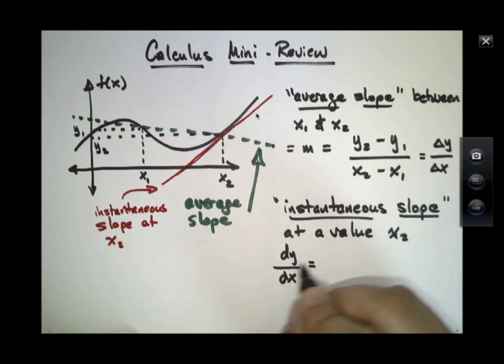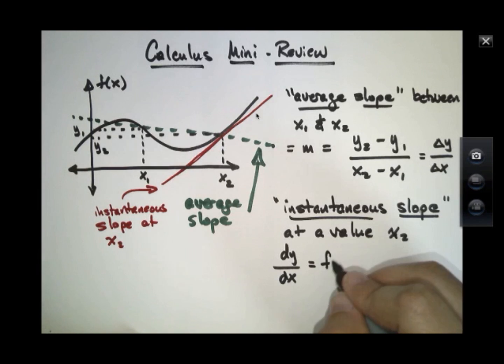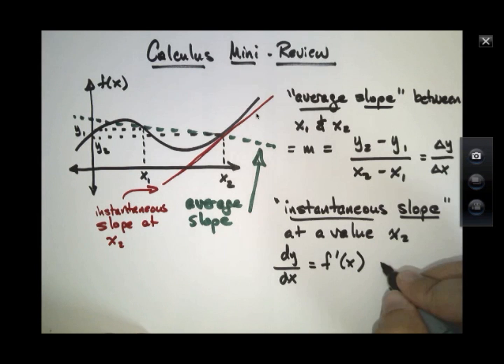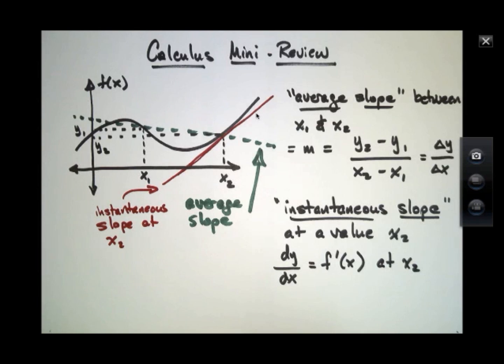You might sometimes see the ratio dy/dx written as the derivative of the function f of x, and the derivative is sometimes written with a little prime. And if we want to know the instantaneous slope, we have to know it at a certain location, like x2.